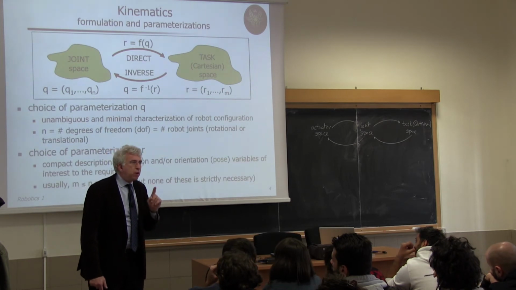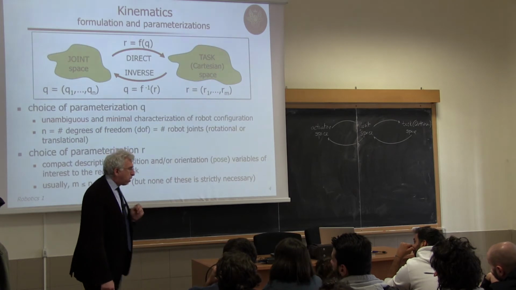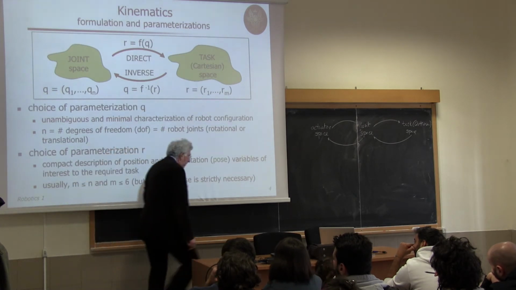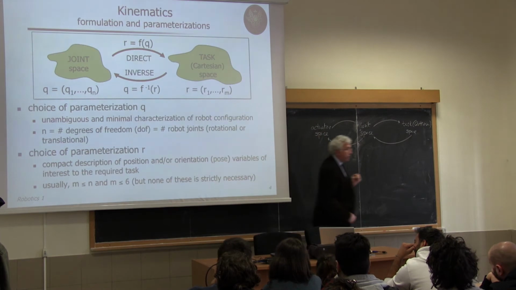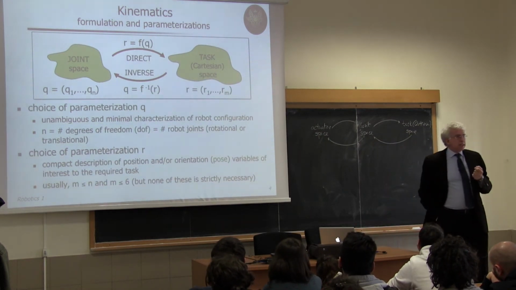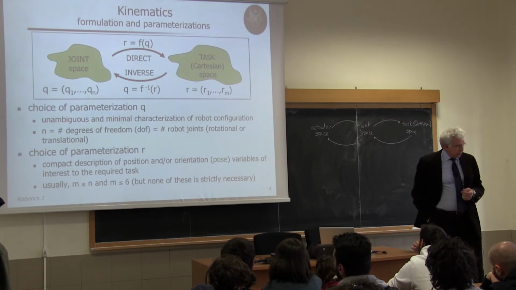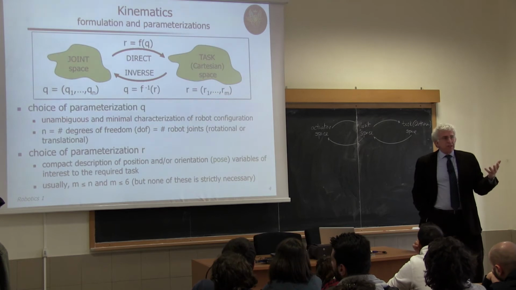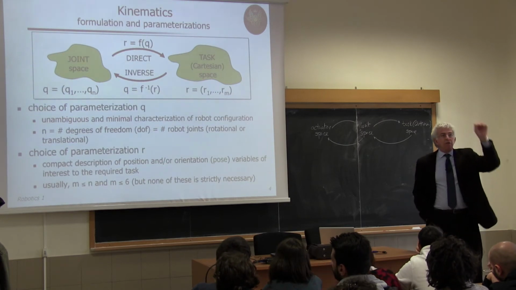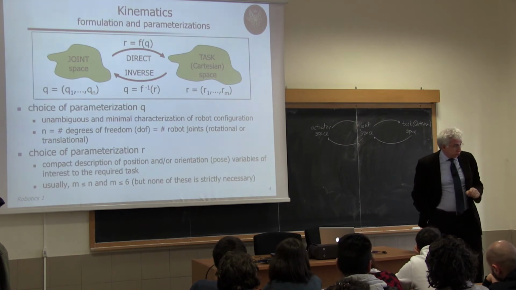And this is the reason why we have introduced the minimal representation of orientation. Because now, for describing position and orientation of the end effector of the robot, we may use m equals 6 variables of the R1 to R6 type. For instance, the first 3 may be x, y, z of the origin of a frame attached to the end effector of the robot.